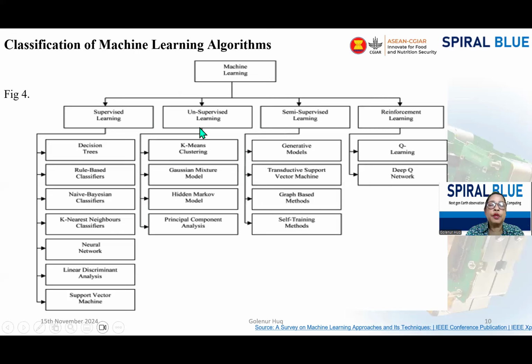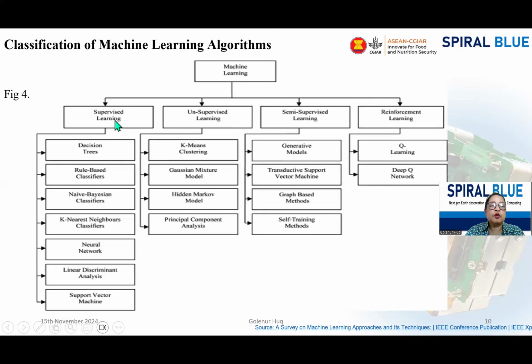And when we use unsupervised learning, that means the data is not actually labeled. That means we do not have a hypothesis. Once we have done our analysis, after analysis, we can get our hypothesis.